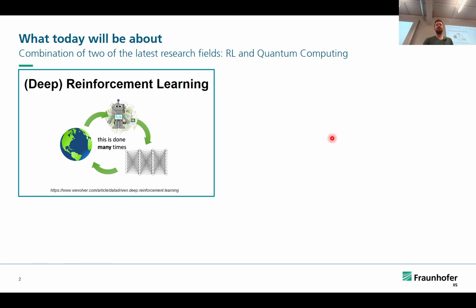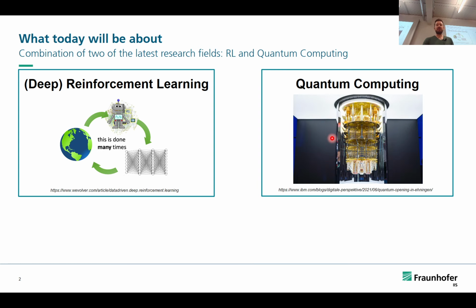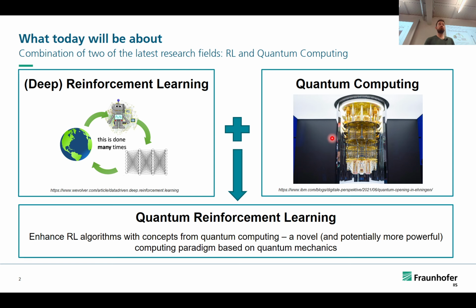And then the other field we will need for today is quantum computing. Here we actually have a picture of the quantum computer by IBM, which is standing in Ehningen in Baden-Württemberg. What quantum reinforcement learning does is try to combine those two fields of research.